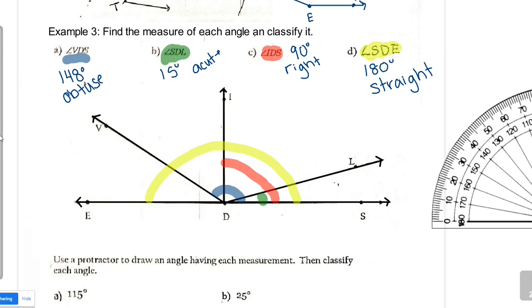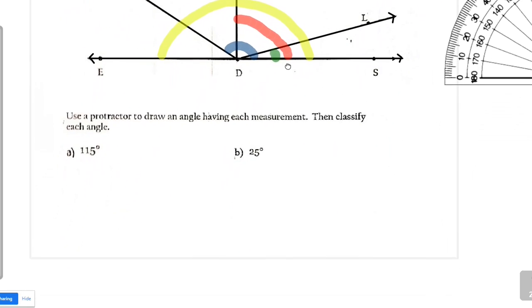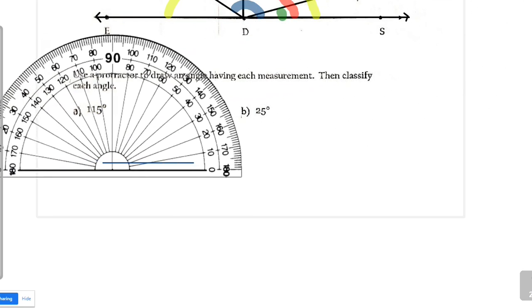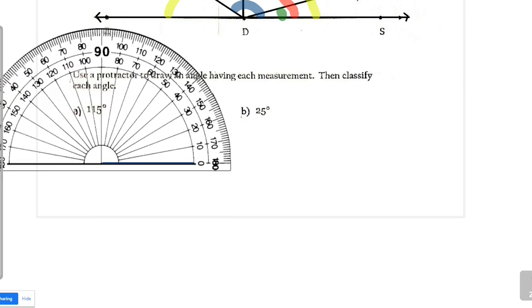So now, I want you to use a protractor to draw these angles. We are going to start off with a straight line each time. So 115 degrees. Let's move this over. For 115, we're starting on the right, going around. We're using inner numbers, and it's right in between.